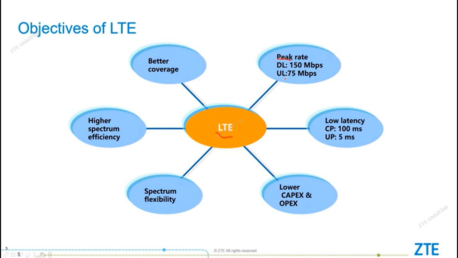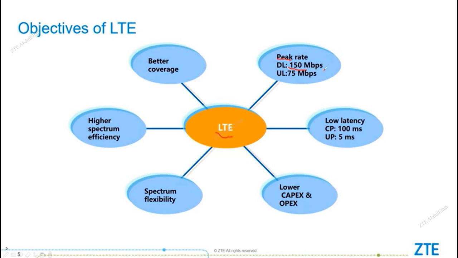We can see here the downlink maximum data rate is 150 Mbps. That means we are using 20 MHz bandwidth and 64QAM modulation and all the resources to one user.